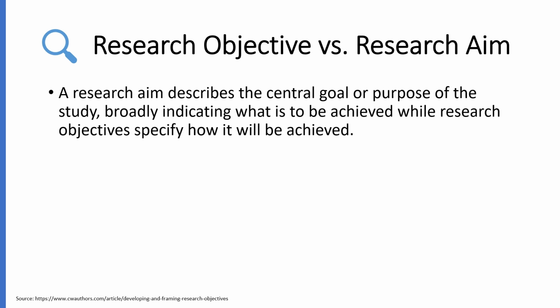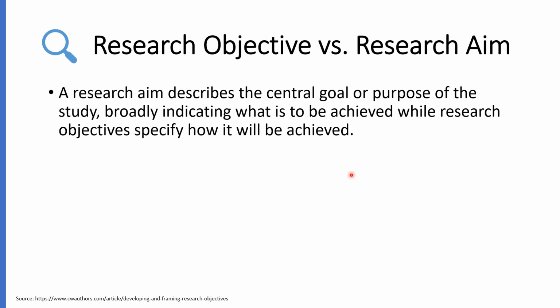It broadly indicates what is to be achieved, while research objectives, on the other hand, specify how it will be achieved. So your research aim is the what, and your research objective is the how. The research aim is the overall goal, while your research objective is the specific goal.